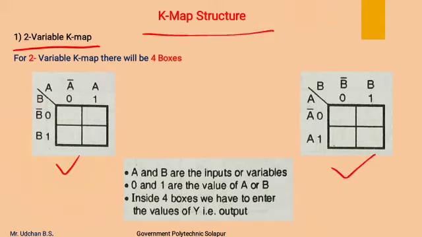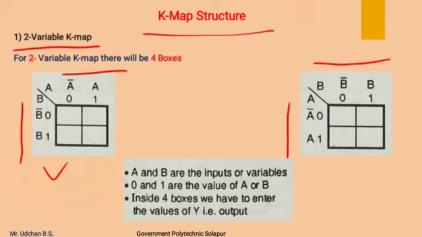In this one, vertically the b variable is taken and horizontally the a variable is taken. In this one, vertically the a variable is taken and horizontally the b variable is taken. This is how the two variable K-map is drawn.